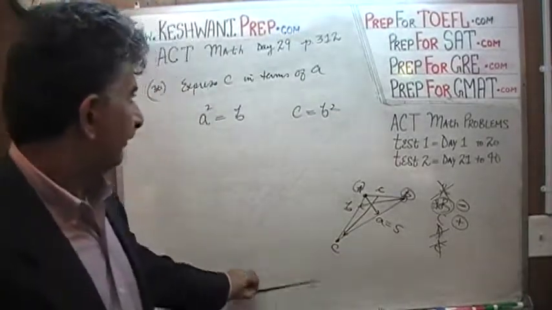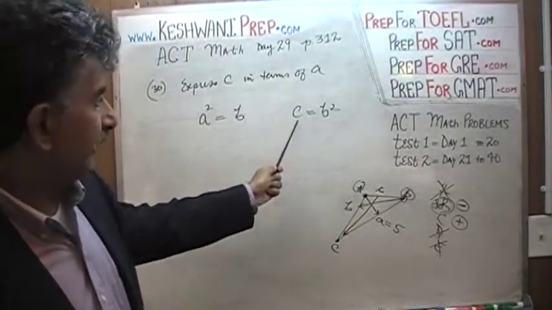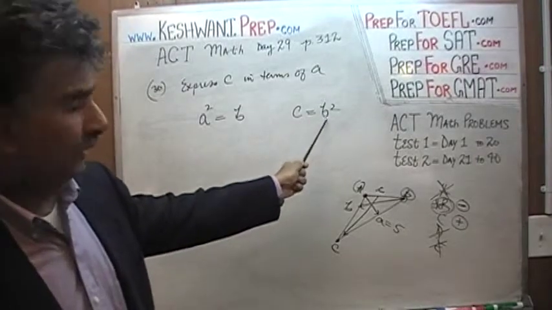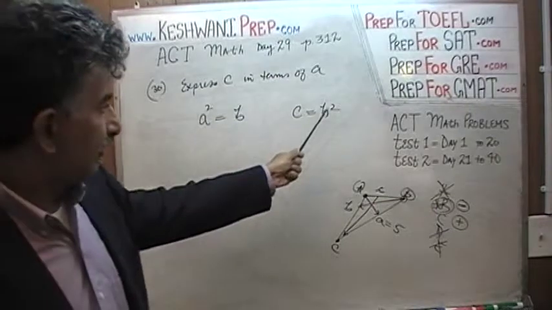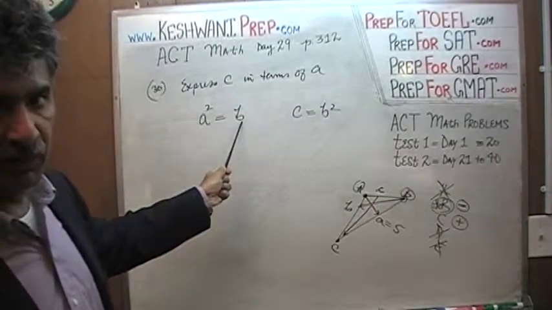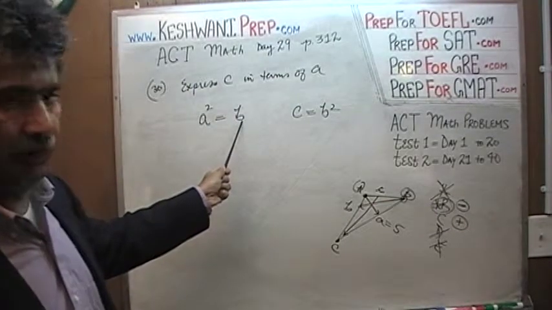Well, if you have to express C in terms of A, here the C is being expressed in terms of B, so we have to replace this B with A by using this equation. Here we have B squared, so somehow we have to get a B squared here, which is very easy. How do we get a B squared here?